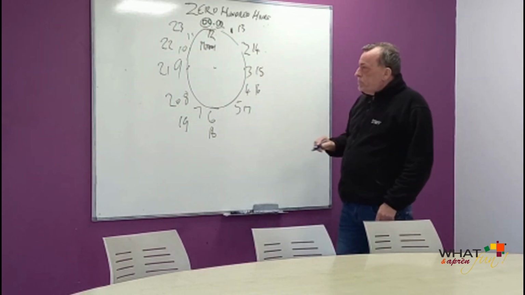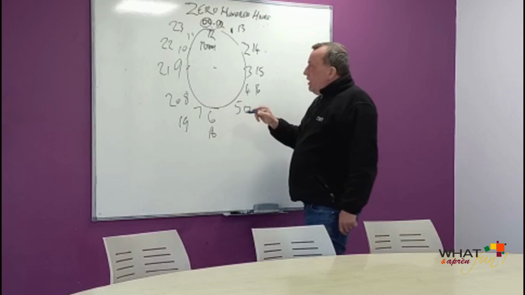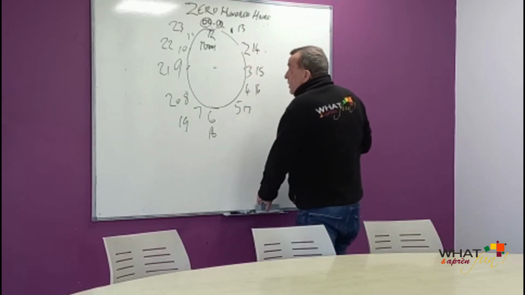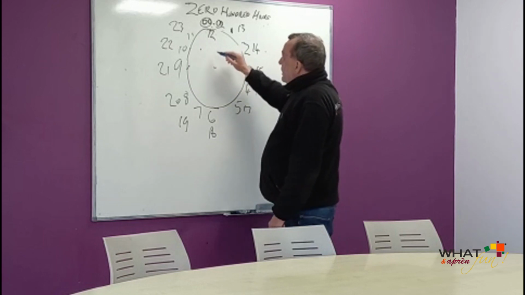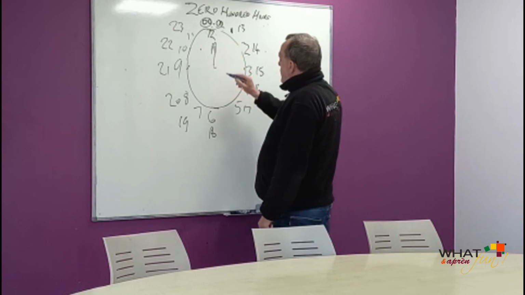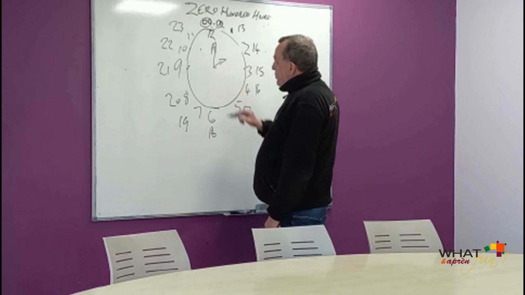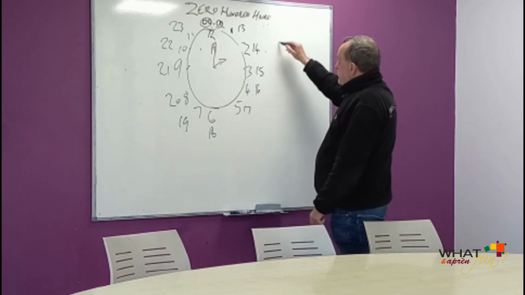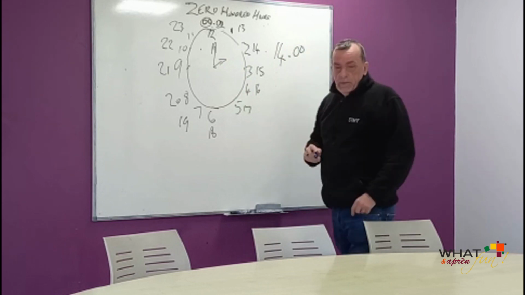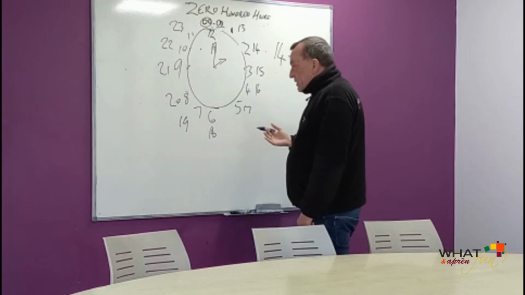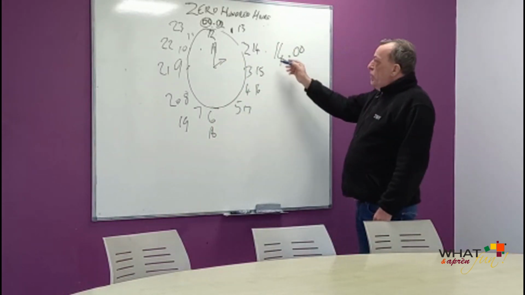So, the time is 2 o'clock in the afternoon. It would be on a digital clock 1400, maybe, if you've got your clock set for 24 hours digitally.